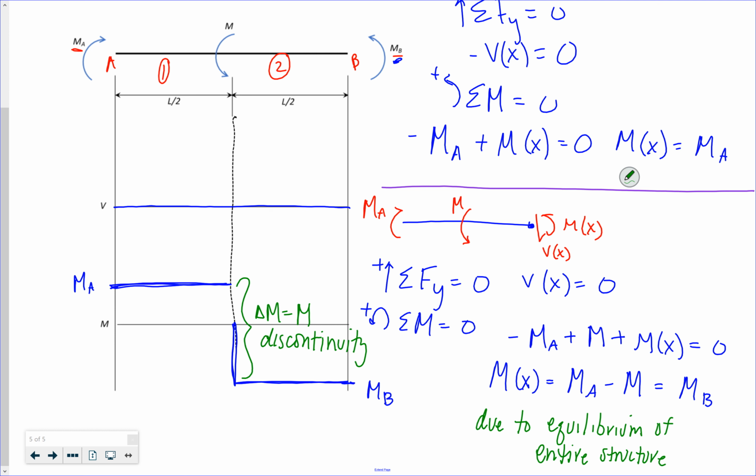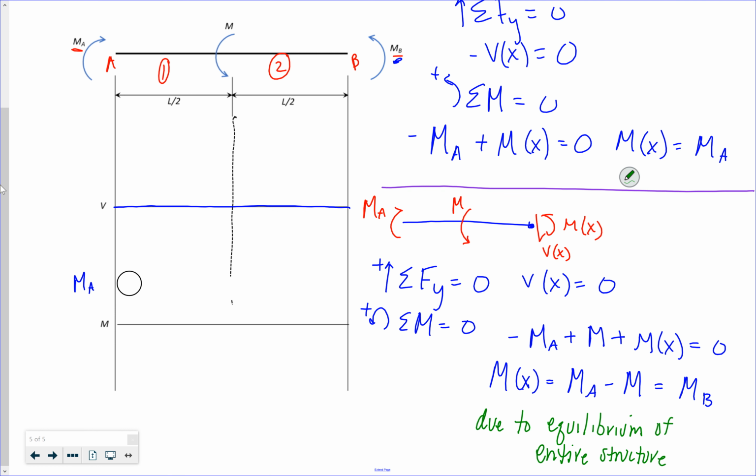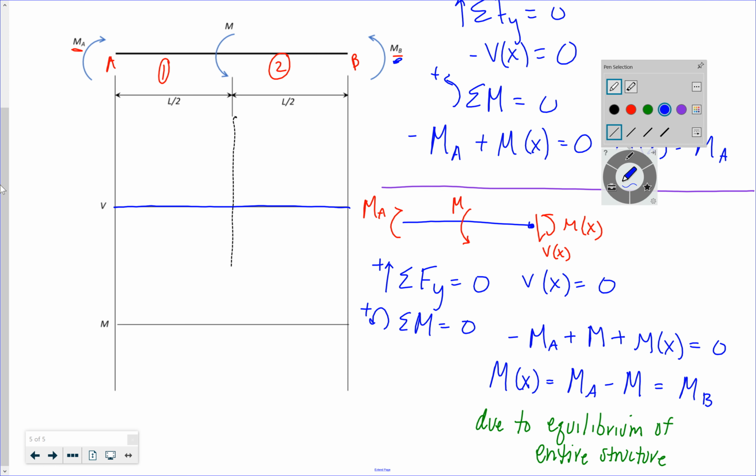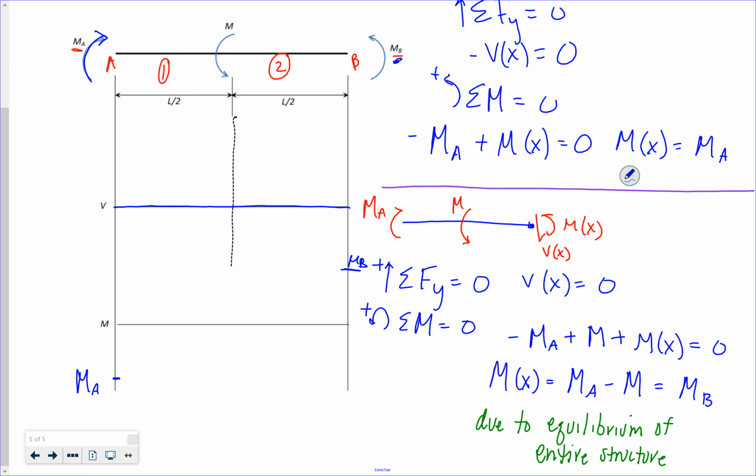I guess it's negative. Actually, I just drew this wrong. If my moment at A is negative, it's acting counterclockwise. And then I have my moment at B. It's acting clockwise, so it's positive.